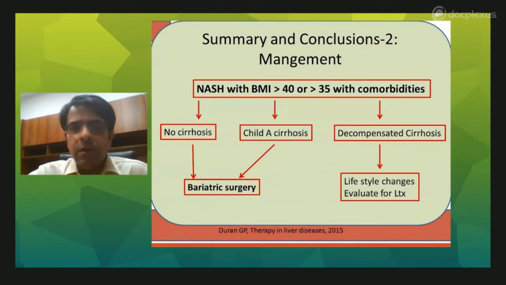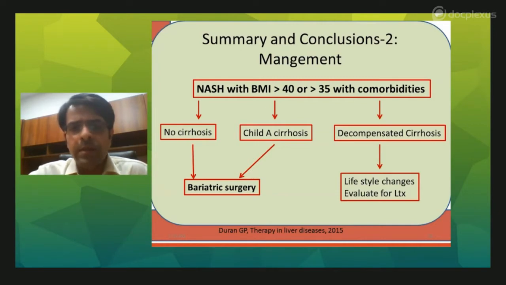Regarding management of patients who have obesity and otherwise have indications for bariatric surgery, if they don't have any cirrhosis, then the treatment will clearly be bariatric surgery, which will take care of the obesity, the other comorbidities, as well as the NAFLD. Child A cirrhotics who are obese and candidates for bariatric surgery can still have it performed.